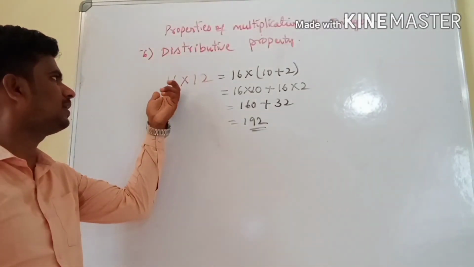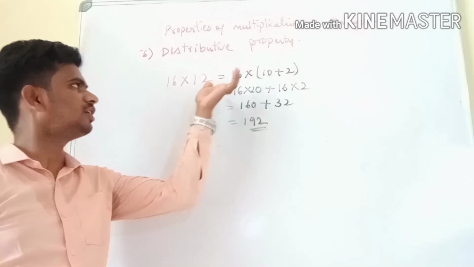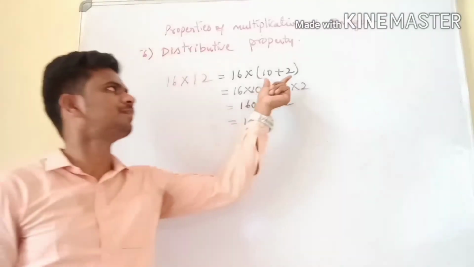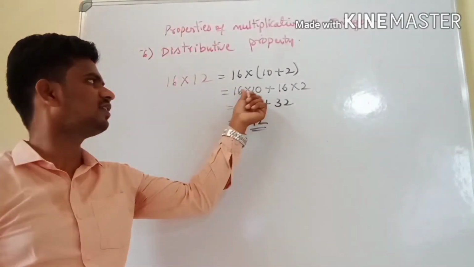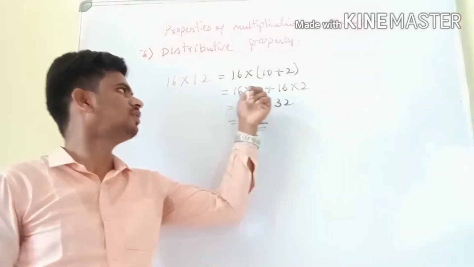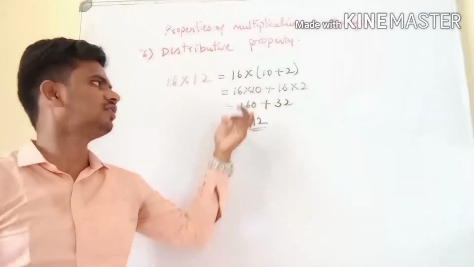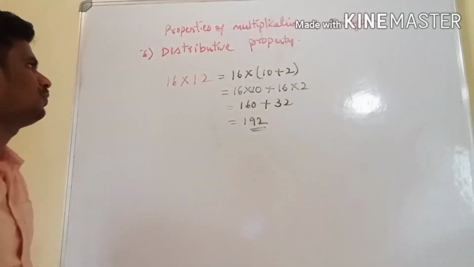Instead of multiplying 16 into 12, it would become a big calculation. That's why, instead of writing 12, I write 10 plus 2. Then the sum will be 192.